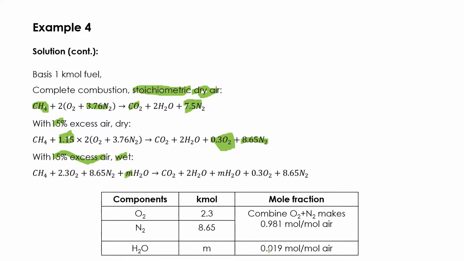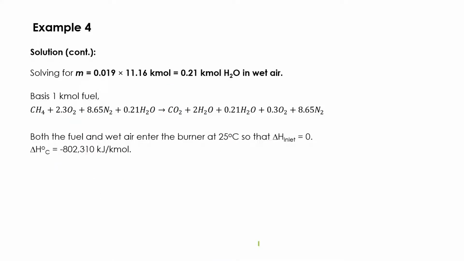So we have this ratio, which we get from the previous calculation, and we will be able to find M. To continue, we solve for M and find M equal to 0.21 kilomole water in wet air. So you bring this value into the equation.